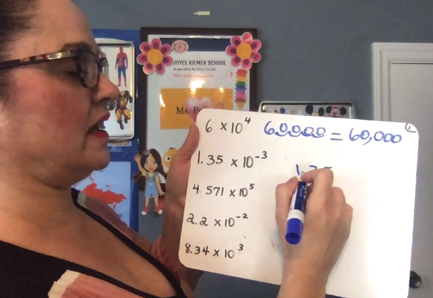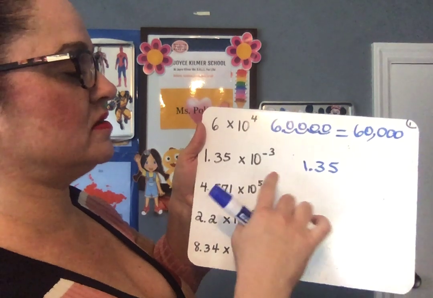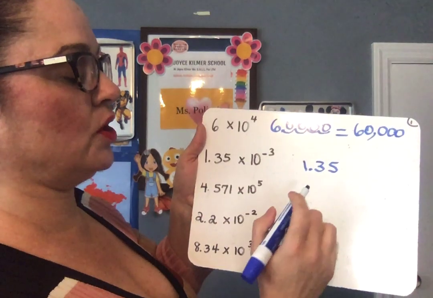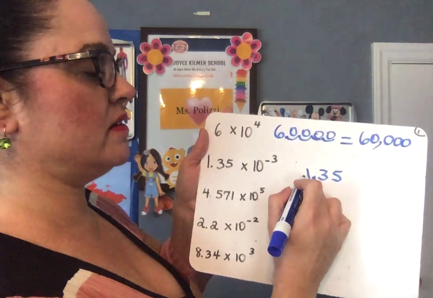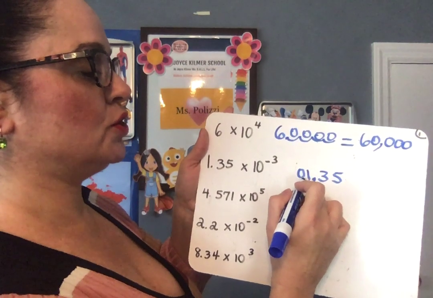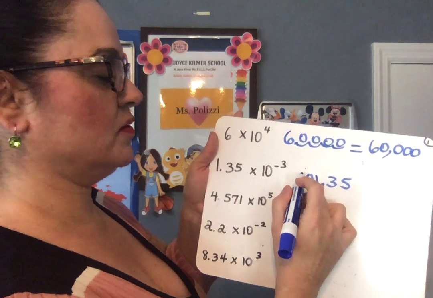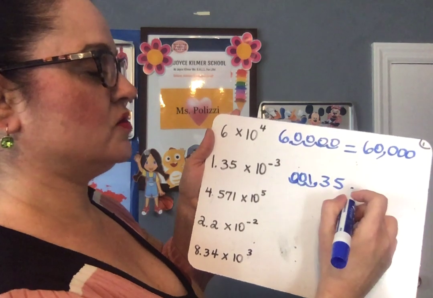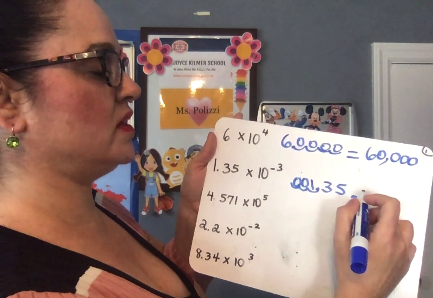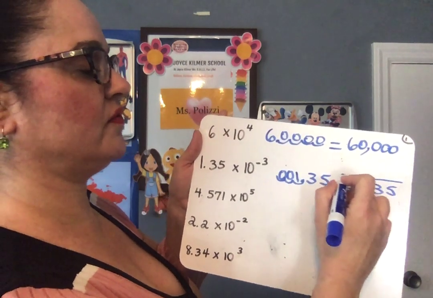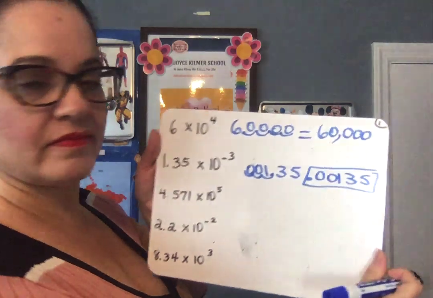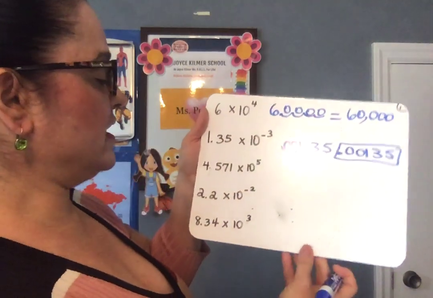We start at our decimal, and because the exponent is negative 3, we're going to move 3 spaces left. So 1, put a 0, 2, put a 0, 3. So our number becomes 0.00135, okay?